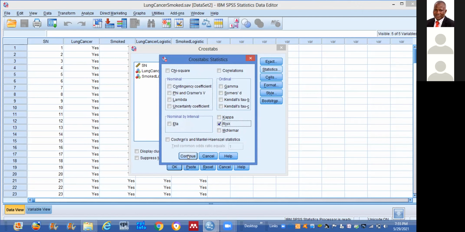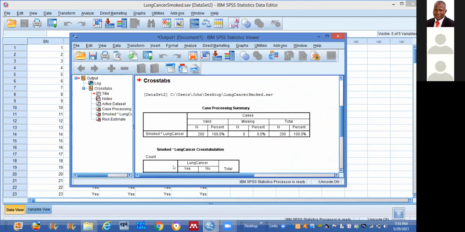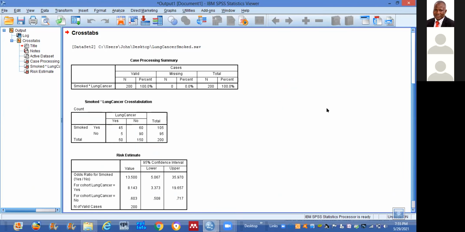Continue. Okay. So enlarge it, we can see your result. Can you see the odds ratio? 30.5. Can you see? Yes.